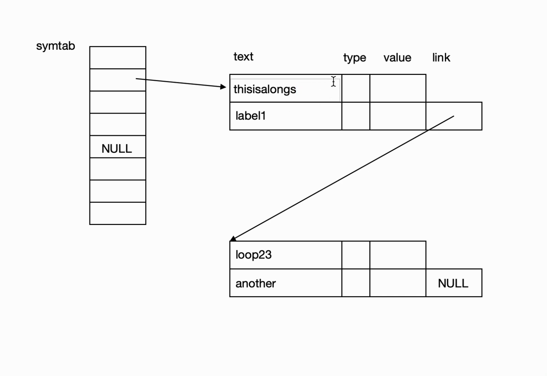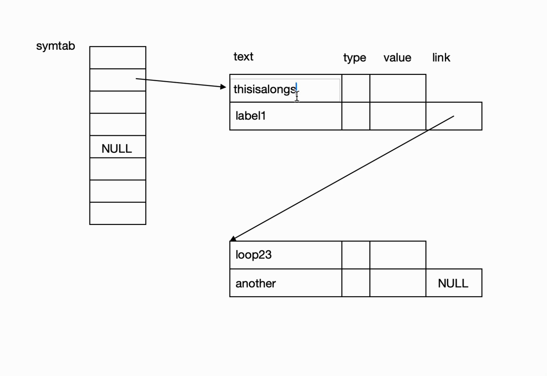There's no room for a null byte, but that's fine. If in our source code we have a name which is "this is a long symbol", which would be another 5 bytes, 17 bytes total plus a null byte at the end, it would still match this because the first 12 bytes would match, and that's enough. We'll stop at that point.